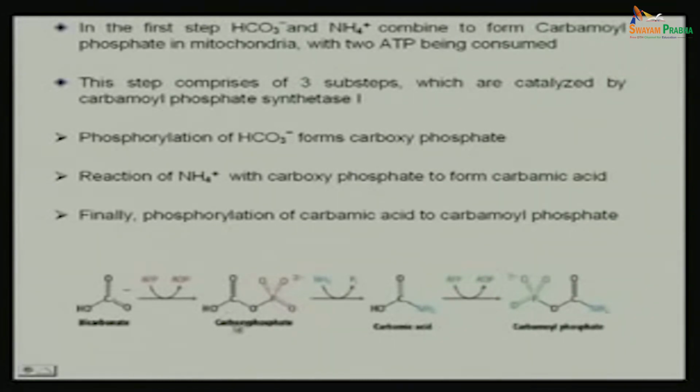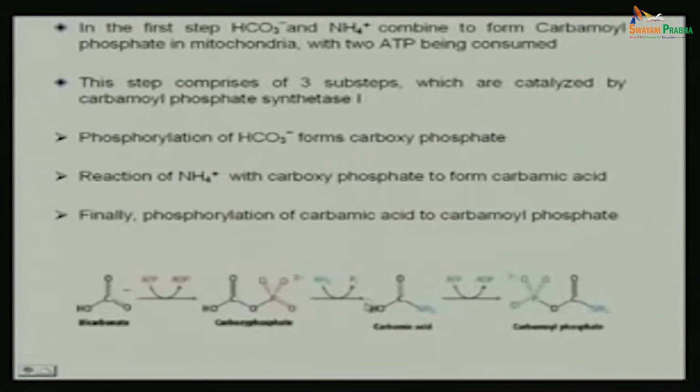Now, when carboxyphosphate is formed, ammonia in the form of ammonium ion is coming and playing a significant role. This ammonia is coming and forming the carbamic acid. That means carboxyphosphate once again loses its phosphate group and becomes carbamic acid.